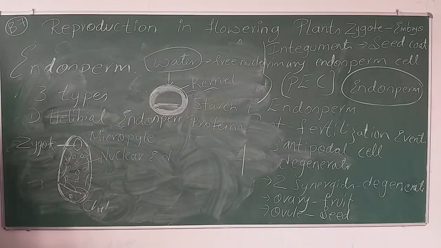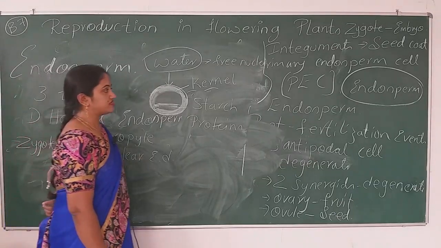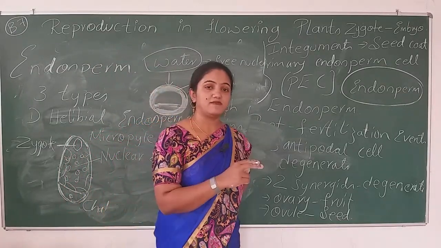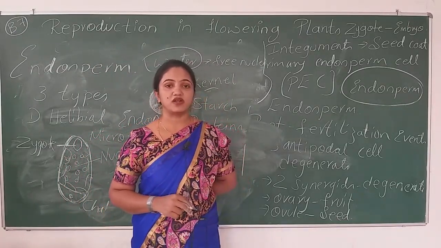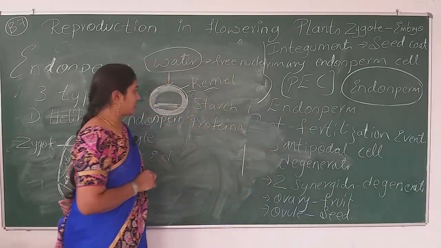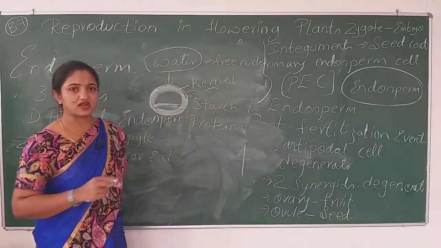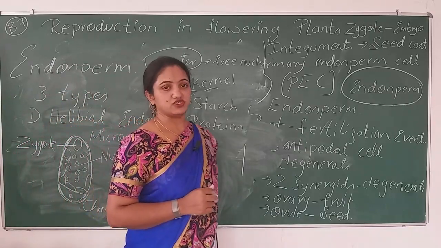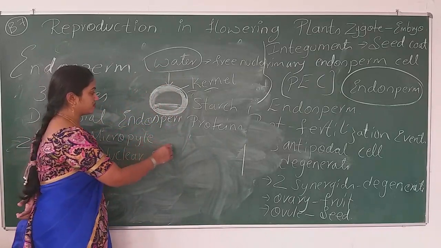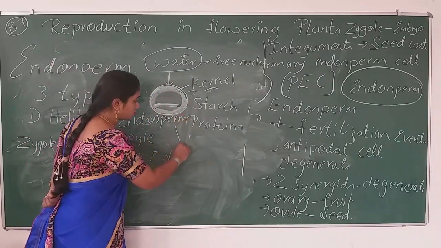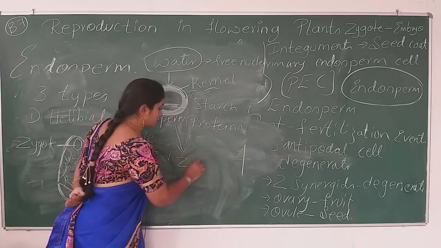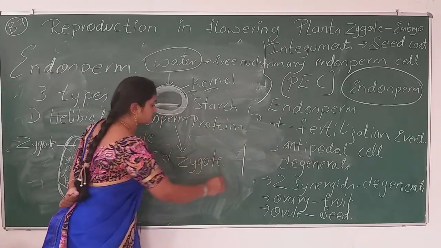So not only coconut but in all seeds the endospermic part will be a very nutritive part. That's why the endospermic part of the seeds is considered nutritious, and that nutrition is supplied to the zygote for further development.